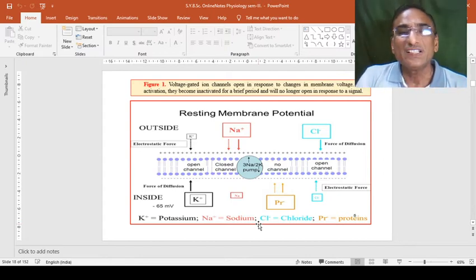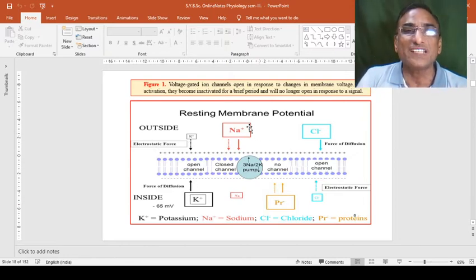Now we will see the whole diagram in detail about the potassium and sodium movements along with chloride ions, which are negatively charged, because potassium and sodium are positively charged ions. Now in this diagram, we see voltage gated ion channels.